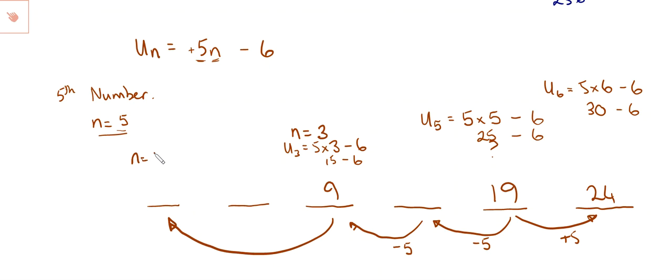So n equals 1, because we subtract 10. Or we do 5 times 1 minus 6, which does indeed equal -1. Okay.